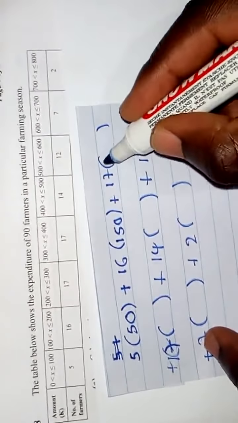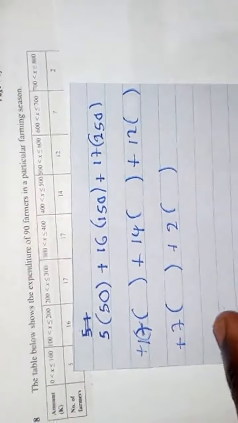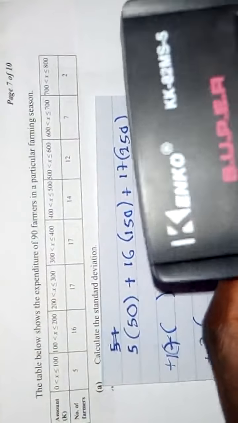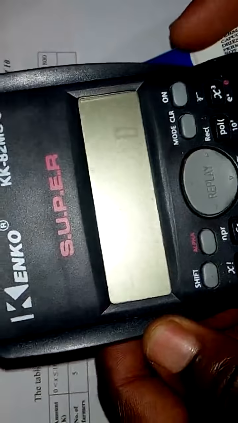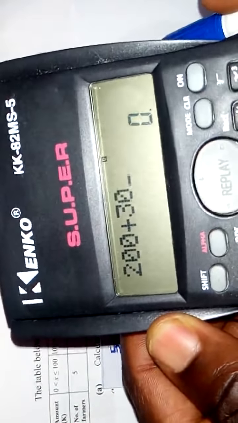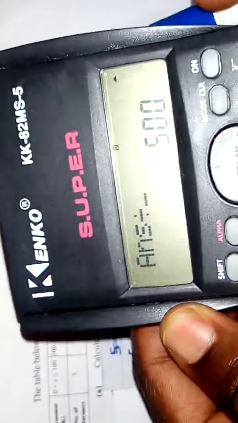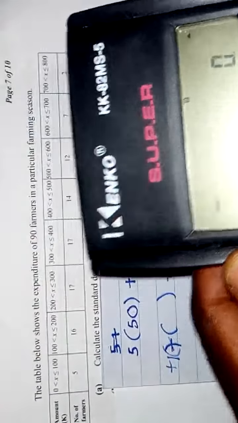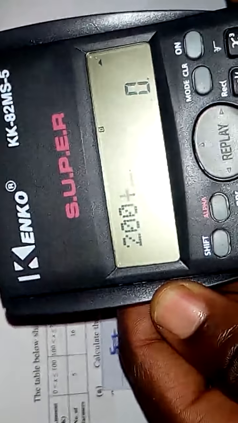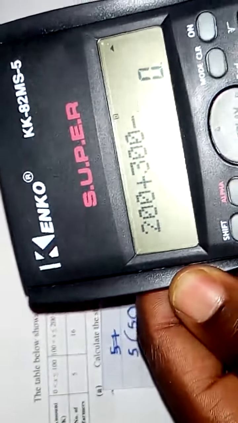The next midpoint there is 250. How did I do it? I got 200 plus 300, divided by 2, and the answer is 250.